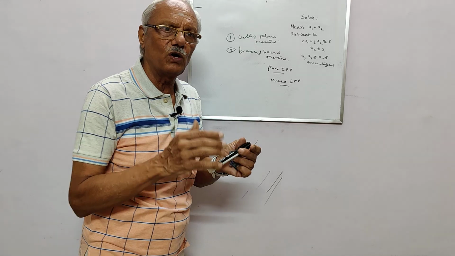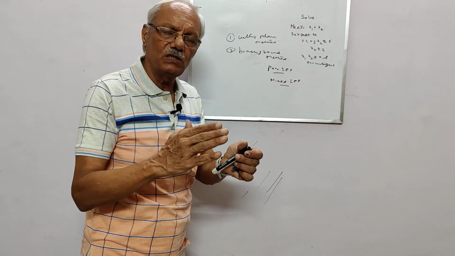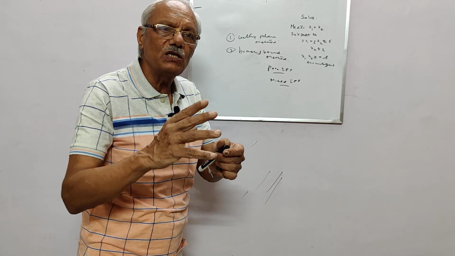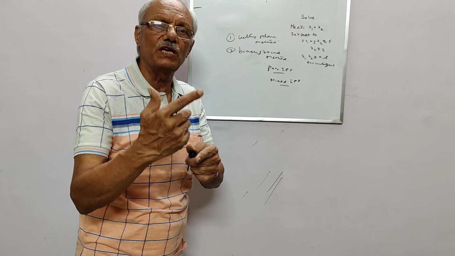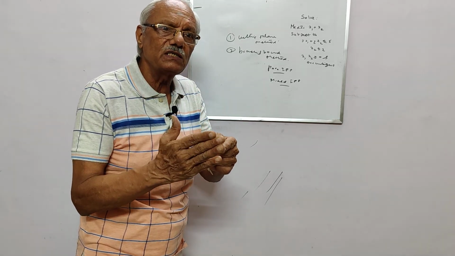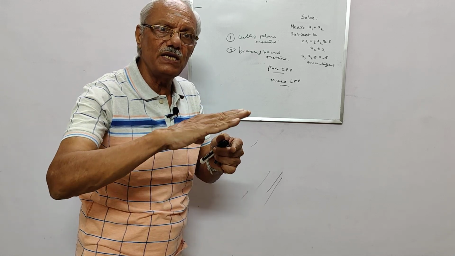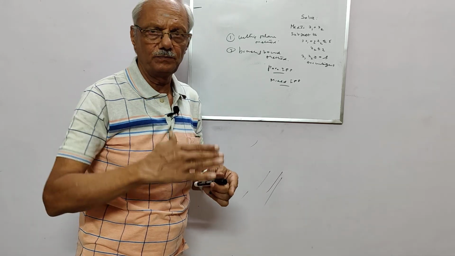In the cutting plane method, after getting the solution using the simplex method, we will create constraints, and the constraints will take care to see that it eliminates the area where the integer solution is not available.